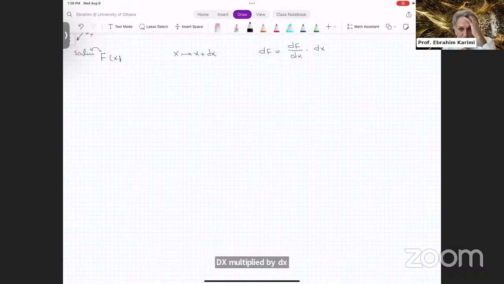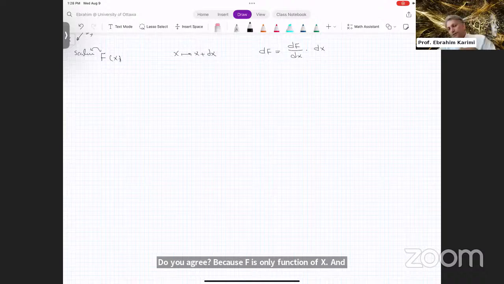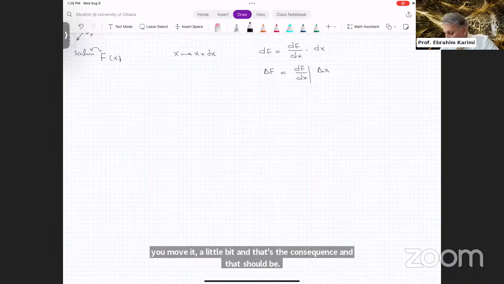Do you agree? Because f is only a function of x, and that's a small change you have. Or, in terms of infinitely small or incremental displacement, I would say that delta f is given by df/dx delta x, if you move it a little bit, and that should be evaluated at x equal to x.